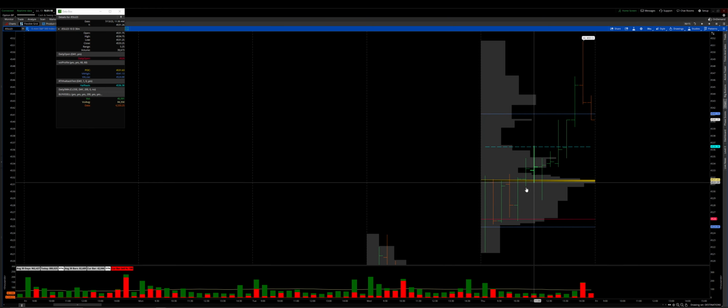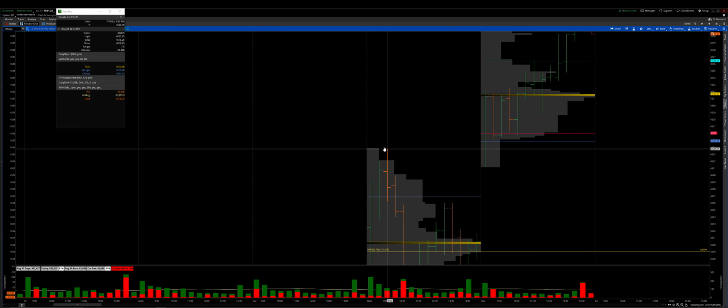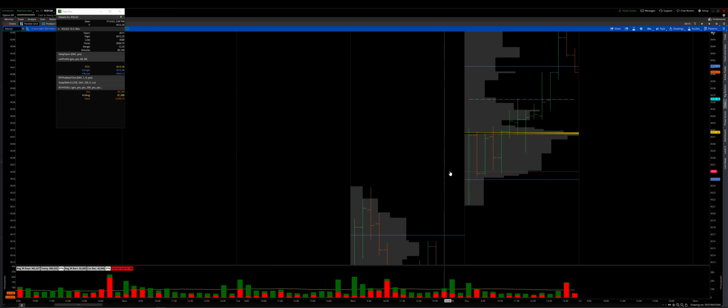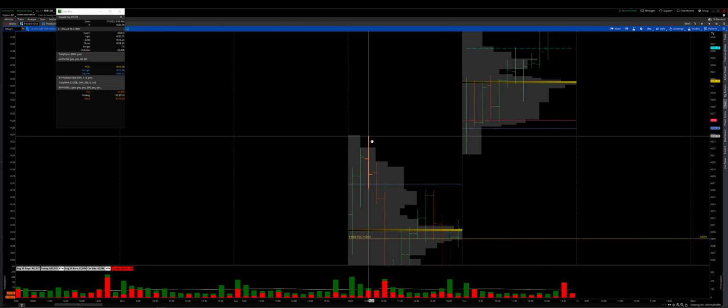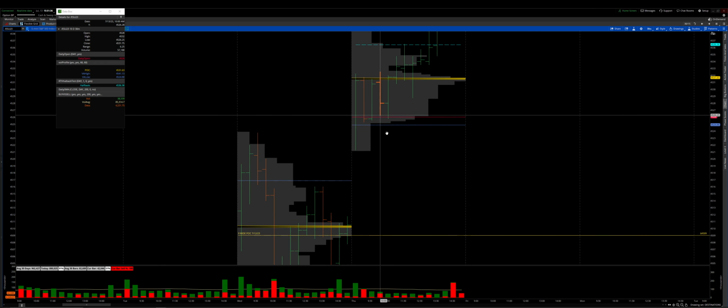But because we opened above, it became invalid. Nothing really to lean against. And then since we opened above and then pulled back into the previous day's high, I'm not going to mark yesterday's high at 45.23 because it would be kind of redundant. I'd have to take it out anyway. So let's move on to today.